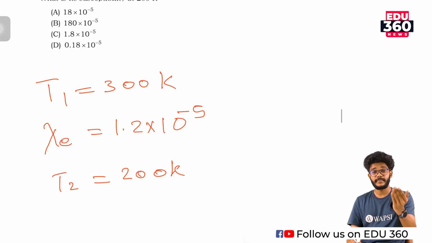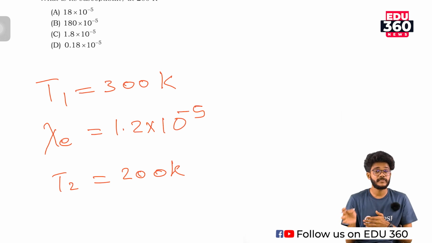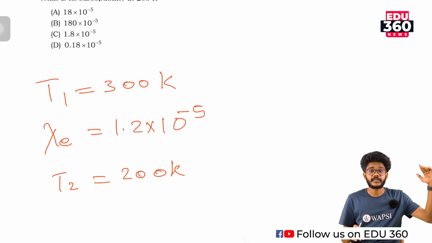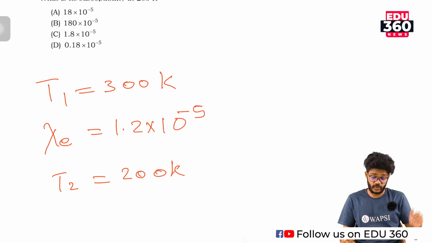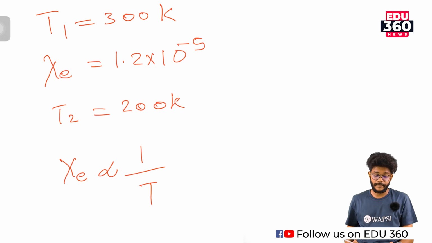That means the temperature is decreasing. What happens to the susceptibility? What is the relation between susceptibility and temperature? Susceptibility is inversely proportional to temperature. That means when temperature increases, susceptibility decreases, and when temperature decreases, susceptibility increases. So chi is inversely proportional to the temperature.